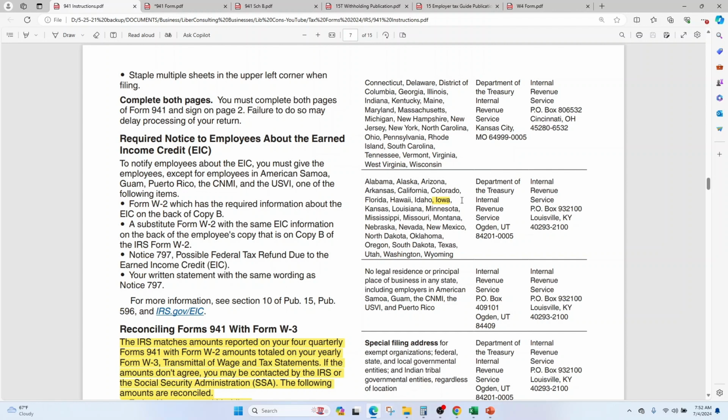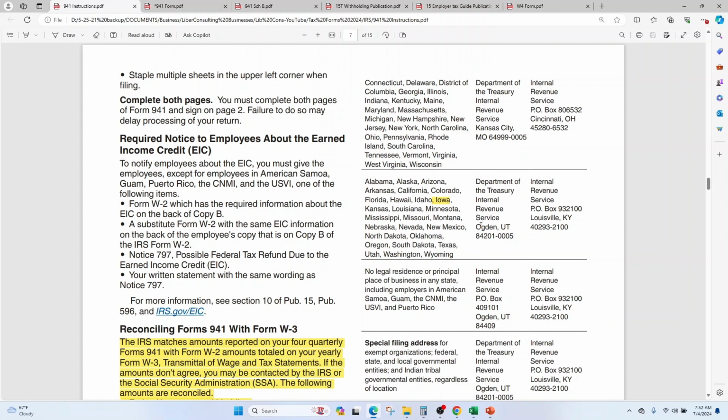So the address under the column without a payment that corresponds to the state where our business is located is the address to put on the envelope and mail the Form 941 to via USPS certified mail.